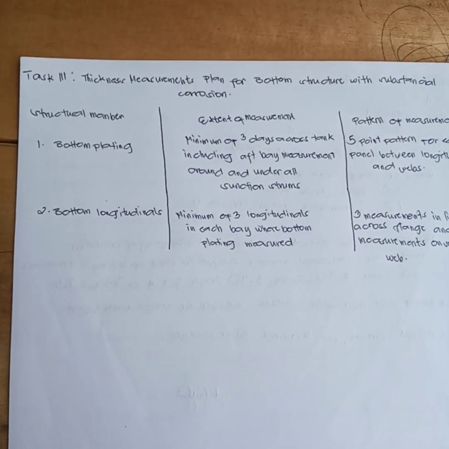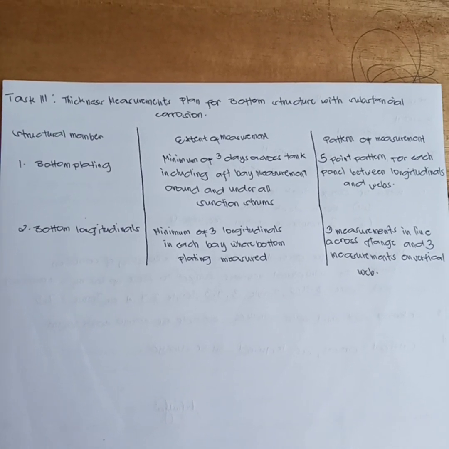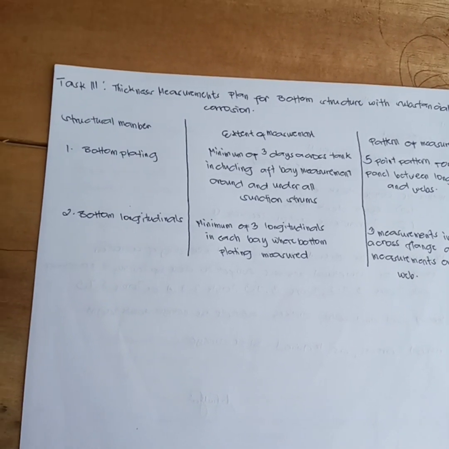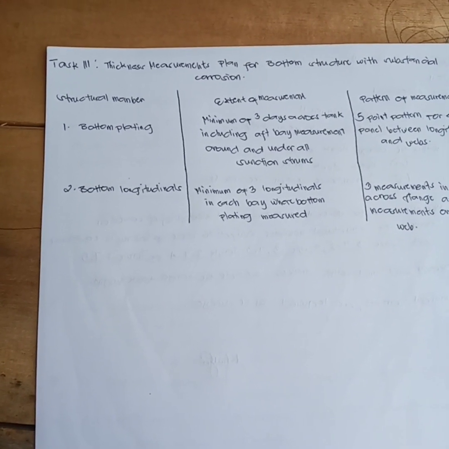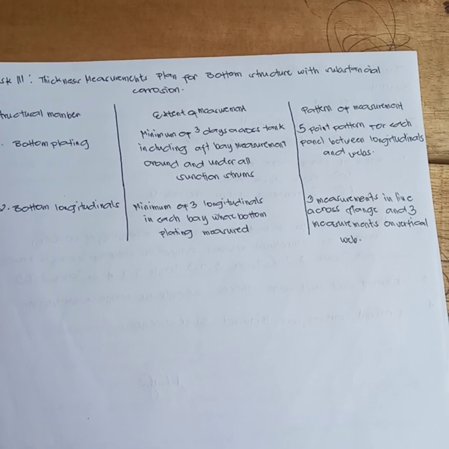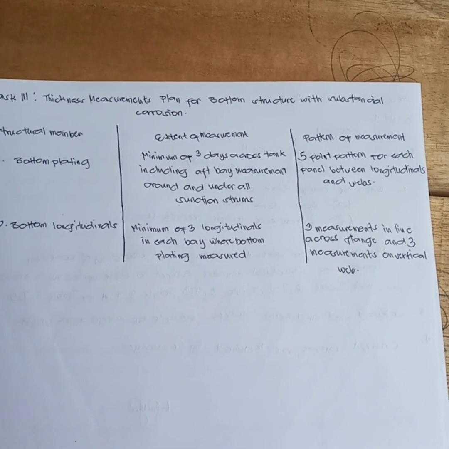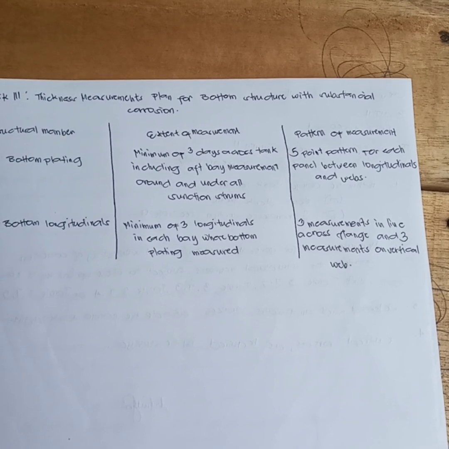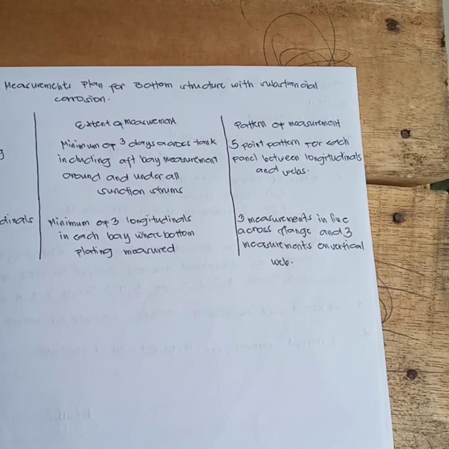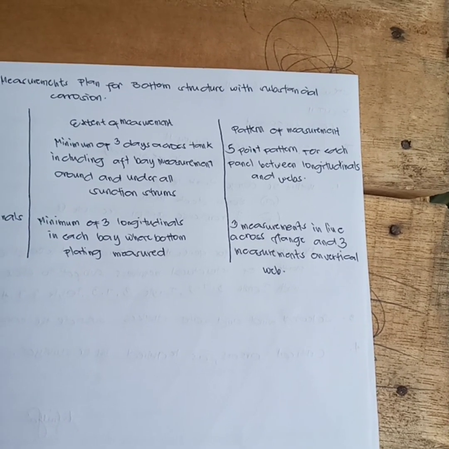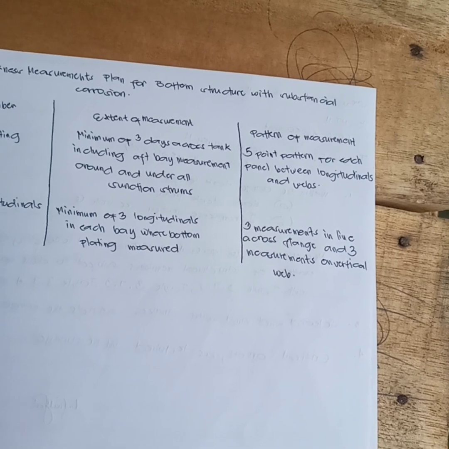So in task 3, thickness measurements planned for bottom structure with substantial corrosion. Structural member, bottom plating, extent of measurement, minimum of 3 bays across tank, including half bay measurement around the tank suction bell mouths. Pattern of measurement, 5 points pattern for each panel between longitudinals and webs.